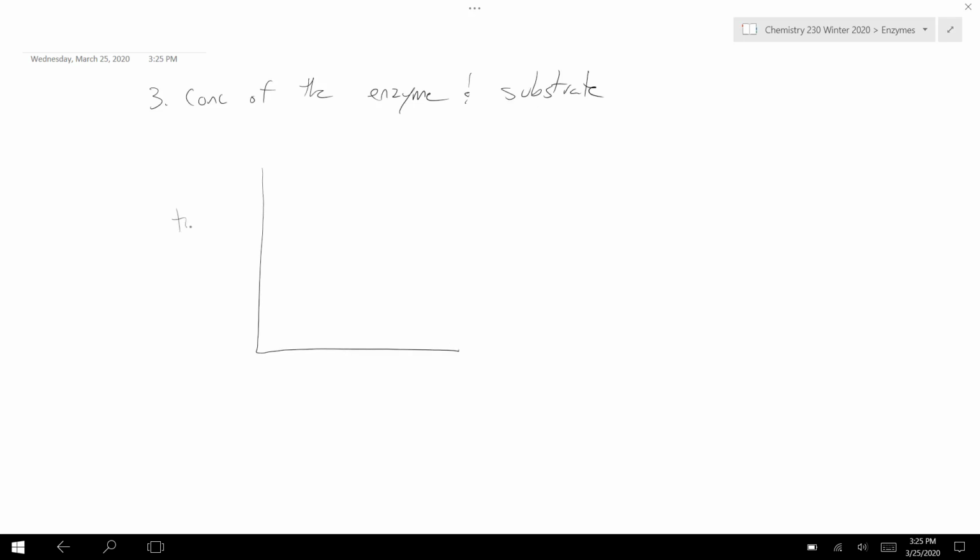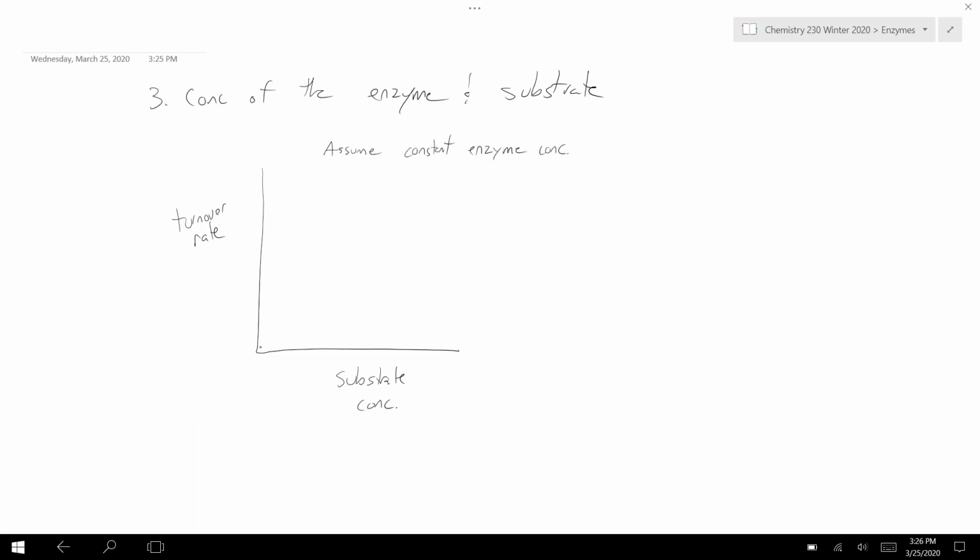But if we think of the turnover rate again, and we put substrate concentration, in this graph we're going to assume a constant enzyme concentration. So we're not going to change that.